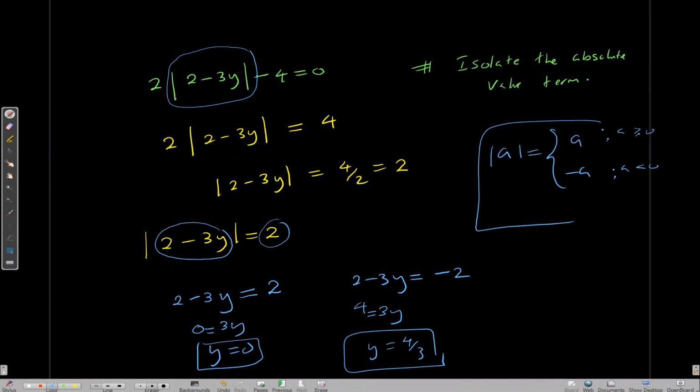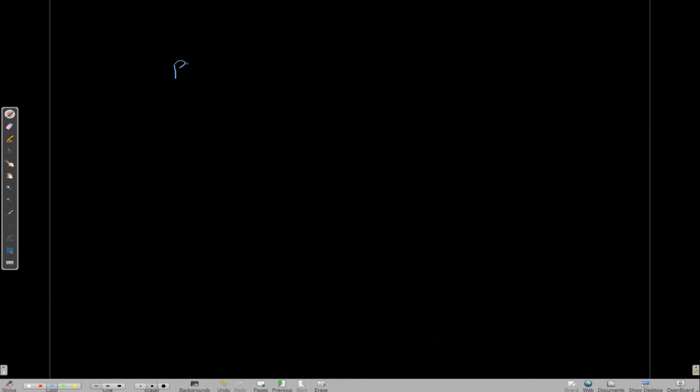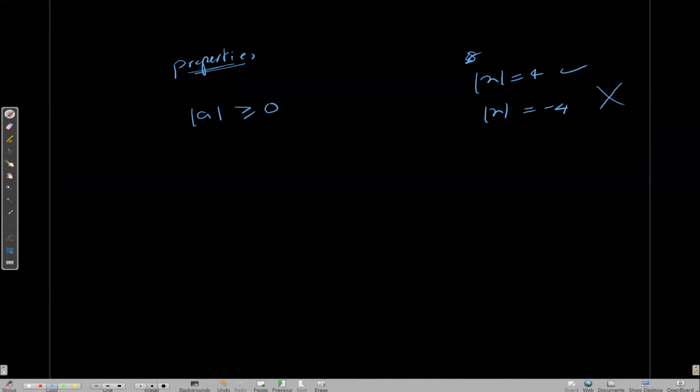Now let's see some properties of absolute value. First property, absolute value of A is non-negative. It can be 0, but it's never negative. For example, if you see something like this, that's correct. But if you see something like this, the statement is wrong, right?